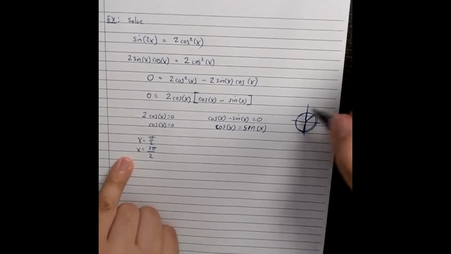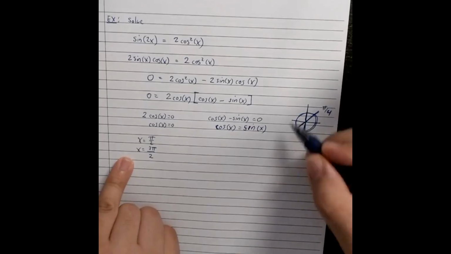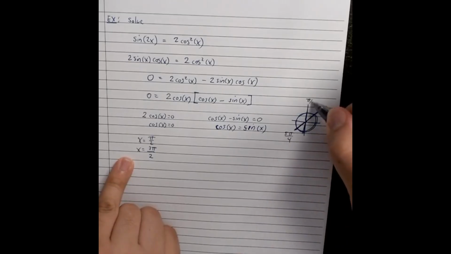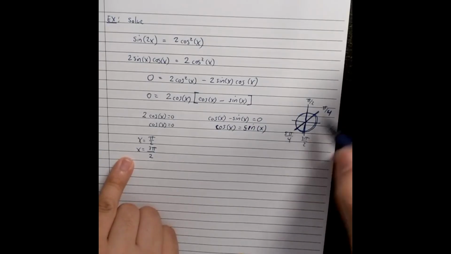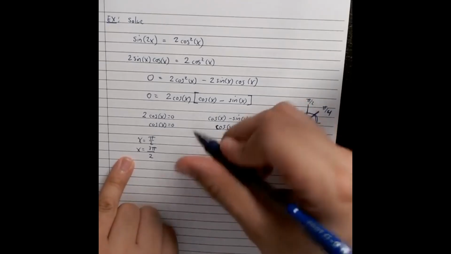At pi over 4, both the sine of x and the cosine of x are root 2 over 2. And over here, at 5 pi over 4, the sine and the cosine of x are both negative root 2 over 2. So at both of these places, we have the sine and the cosine of x are equal to each other.